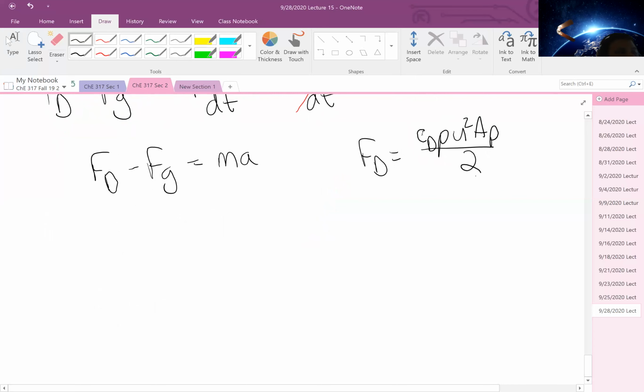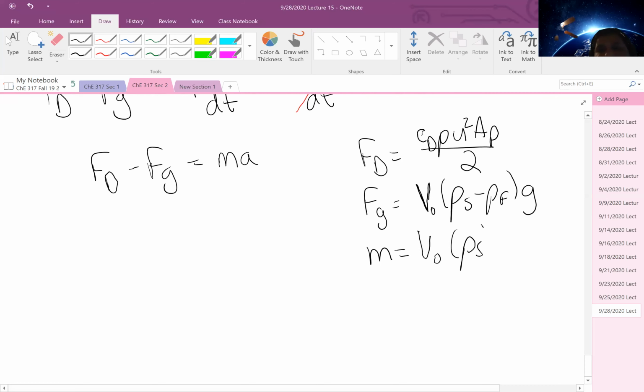My force due to gravity is its mass times the relative difference between the object and the density of the fluid times gravity, which actually is going to be the volume of the object. And its mass is going to be the volume of the object times its density.